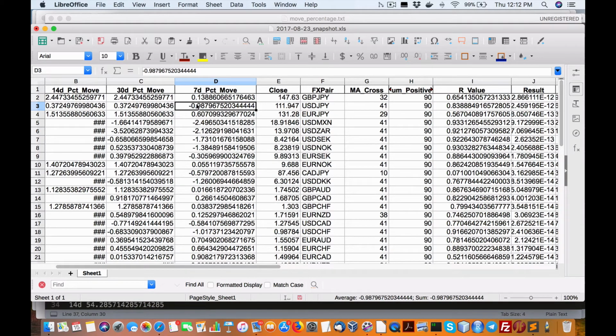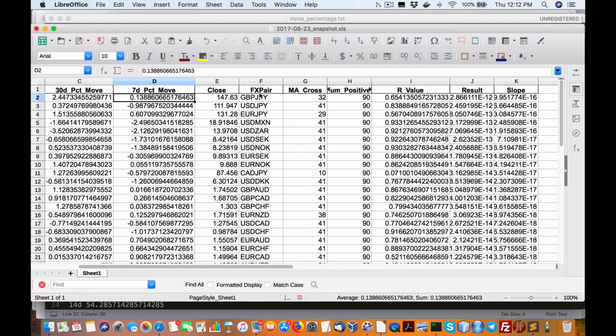Because of that, the 7-day, 14-day, 30-day moves are very small as well. I find we want to get 1% moves daily on our entire portfolio to build it in a worthwhile manner.